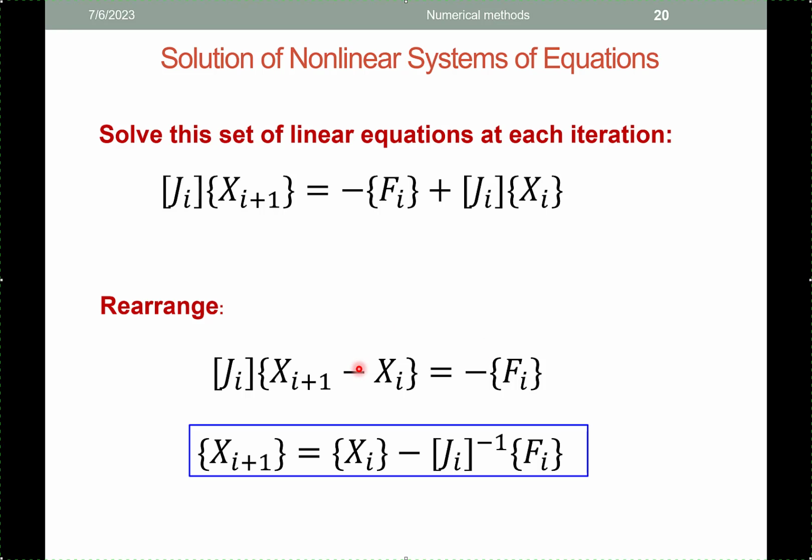And then we just move this xi to the other side, so it would be a positive xi. This is the vector with the initial guesses, and this would be our future estimates of the variables in the set of nonlinear equations.